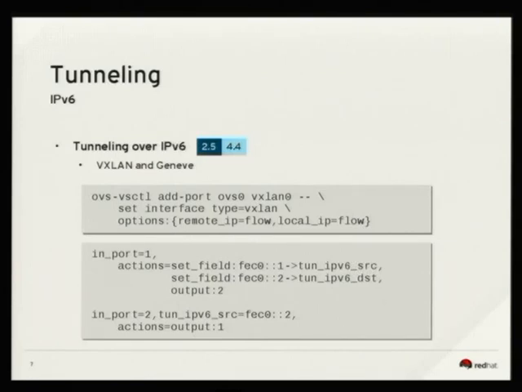So if we want to set the source address for tunneling, we store that to the tun_ipv6_src variable or whatever. The same for destination. So it's really simple. Again, on ingress, we can match on these things as well. So we match on the IPv6 source address and can do the right thing, direct the packet as appropriate.